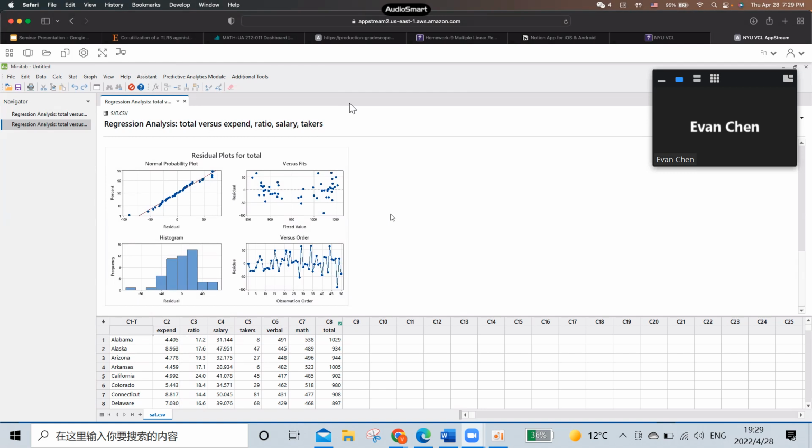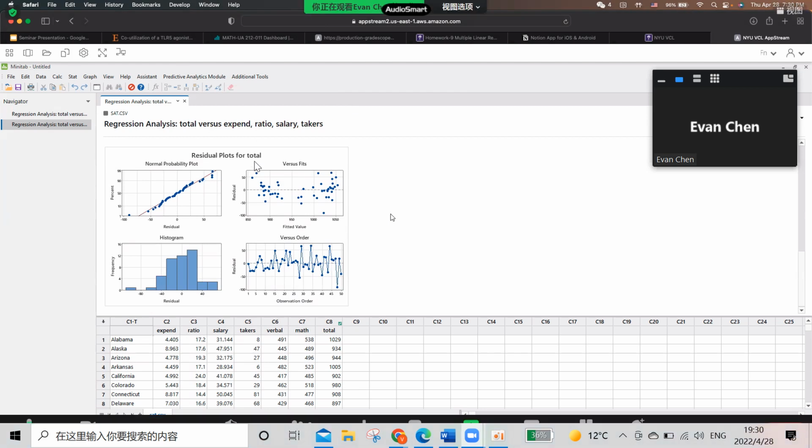What you find here is that it doesn't really have a constant variance, because when your fitted value is like 850 to 900, that's your prediction based on those 4 parameters. I gave you an expend, a ratio, a salary and a takers value, and then you predict the total score of the students, right?